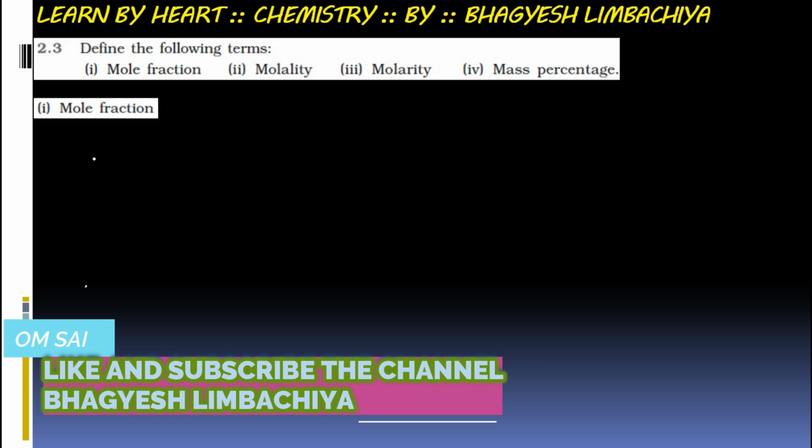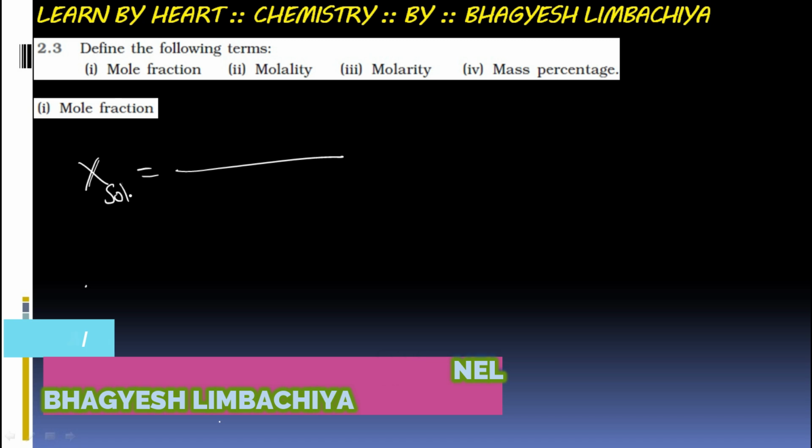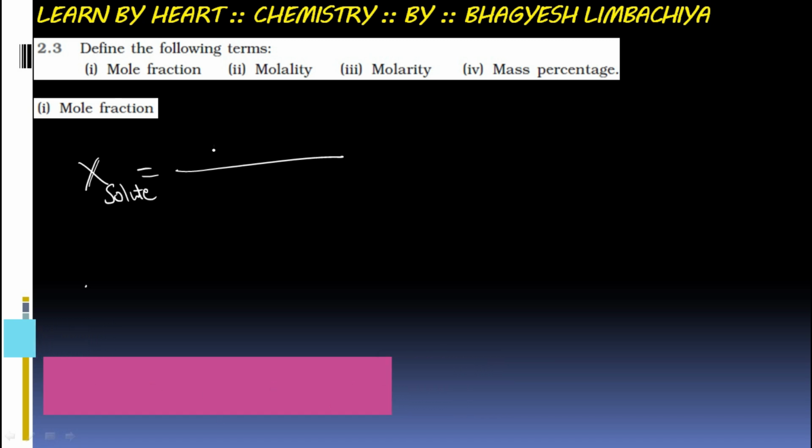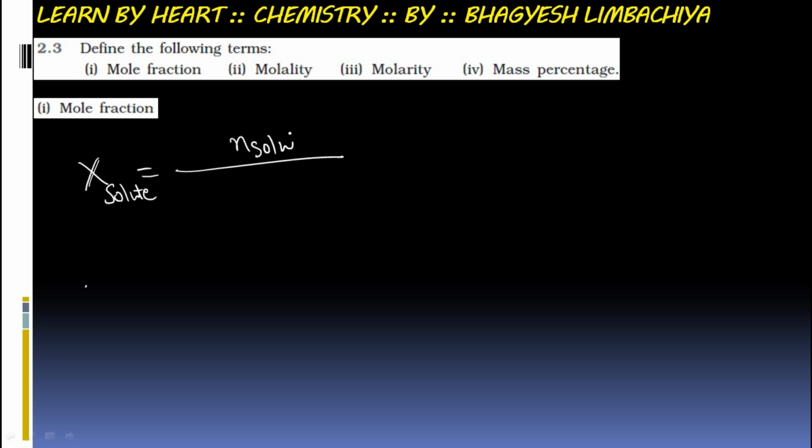Mole fraction is a ratio of two things. If we take x of solute, then at the numerator we have to take the number of moles of solute, and at the denominator we have to take the total number of moles of solute and solvent.